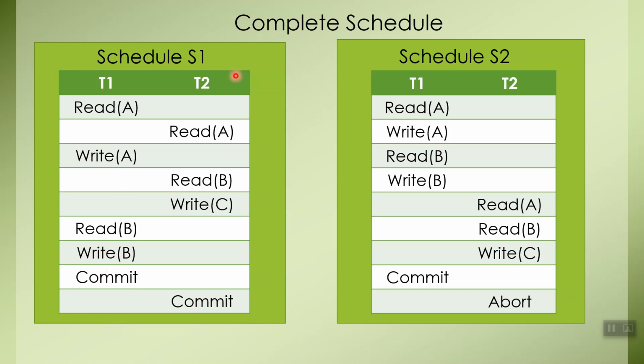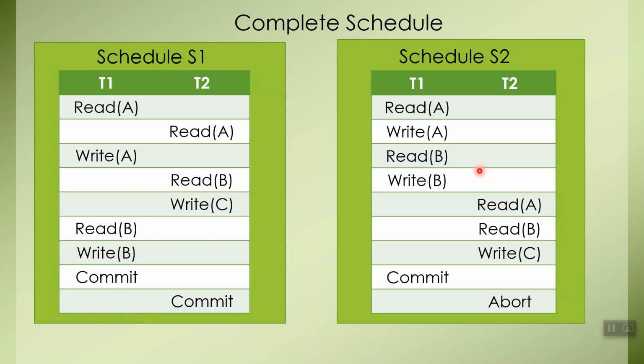Okay, and here as well, T2 after completing its normal execution is going to execute this commit statement. That is, the changes made by T2 have been reflected in the database. So when a schedule contains transactions which either contain a commit or abort statement at the end, it is called a complete schedule, right?